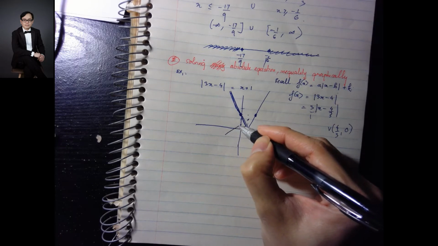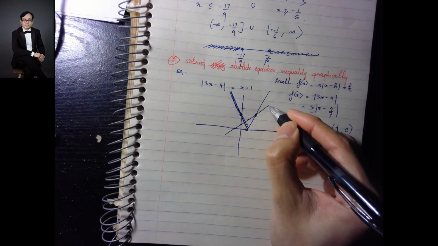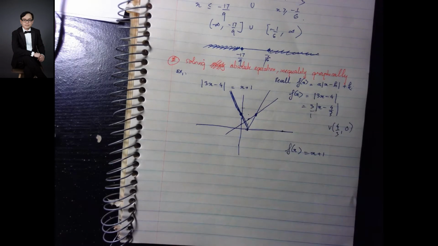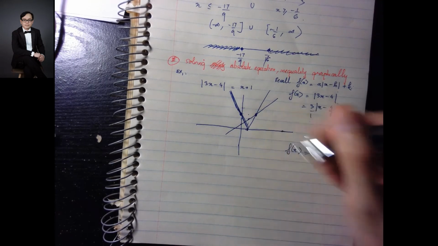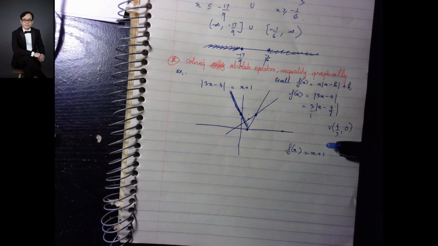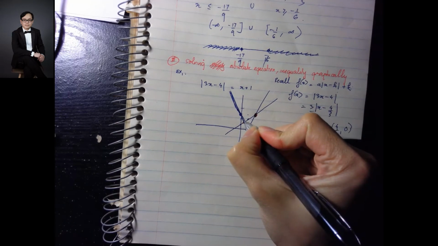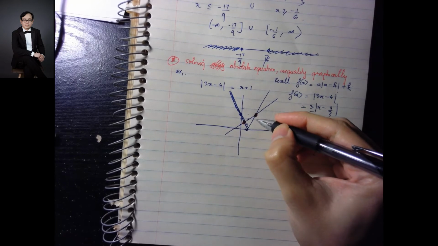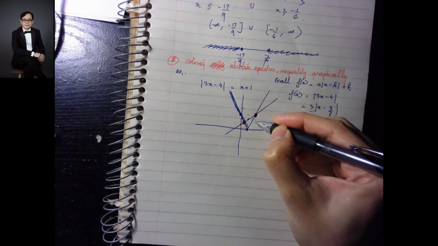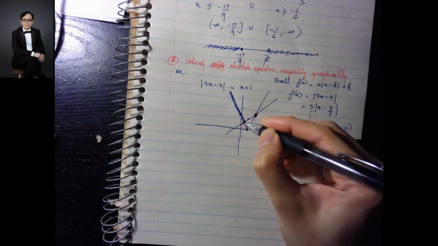So you see that the line x plus 1 is intersecting the V shape at 2 points, this point and this point. So the x components of these two points are the solutions of the absolute equation.